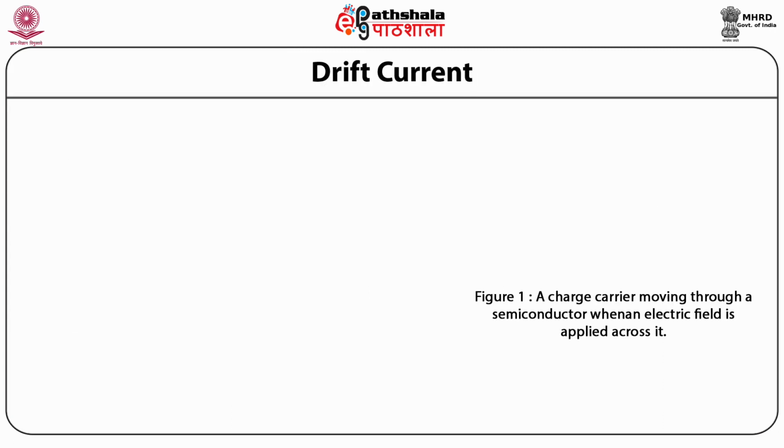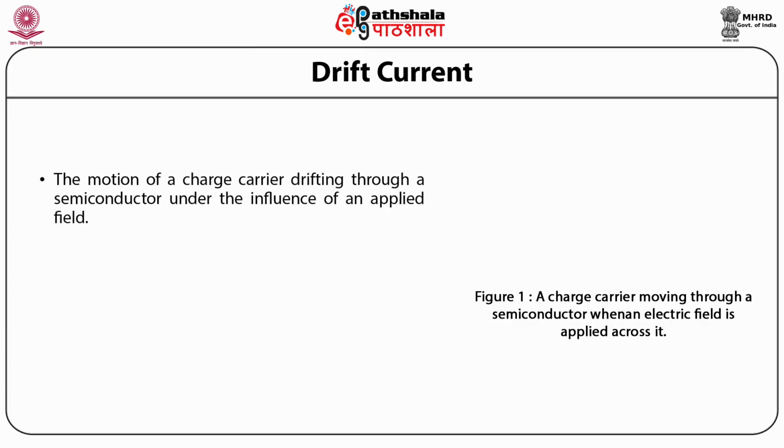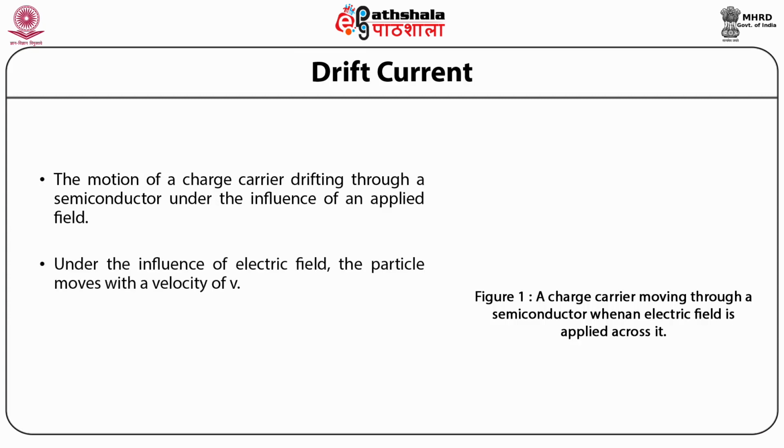Now the figure shown on the screen shows the motion of a charge carrier drifting through a semiconductor under the influence of an applied field. Under the influence of the electric field, the particle moves with a velocity of v.